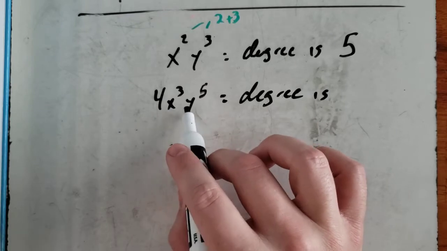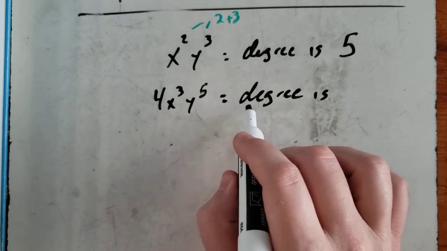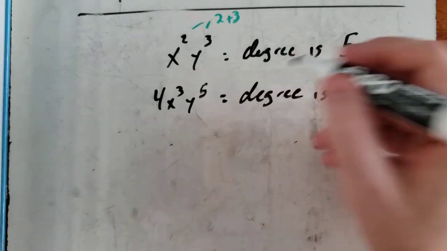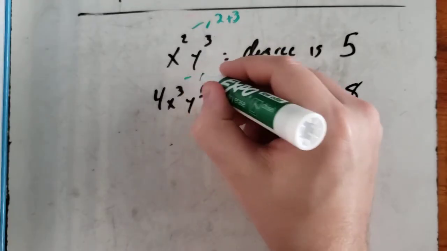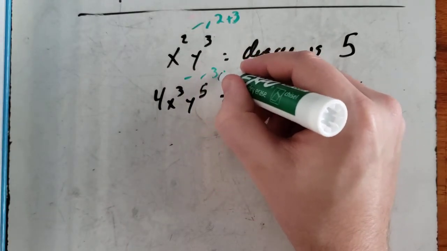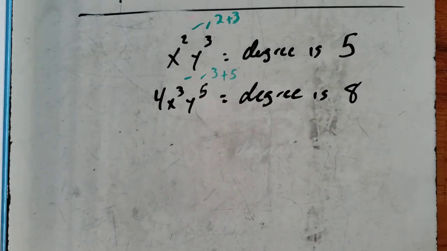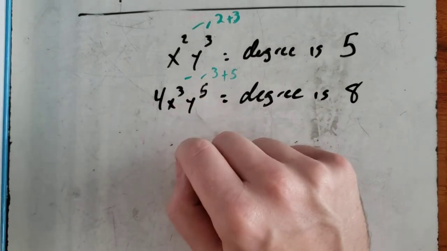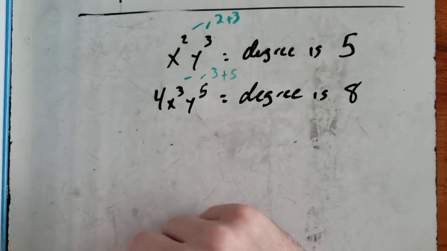You have x and y, and your exponents are 3 and 5. So to find the degree, all you have to do is add them up, 3 plus 5, and we got 8. That's all there is to it. We're only looking at the exponents of our variables, and we're adding them up if we have more than one.